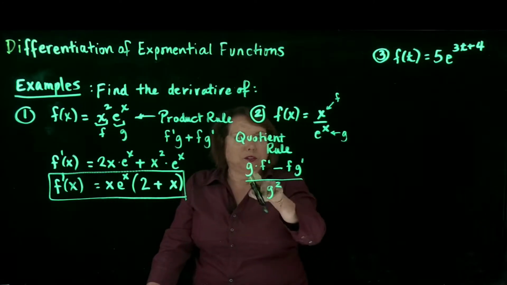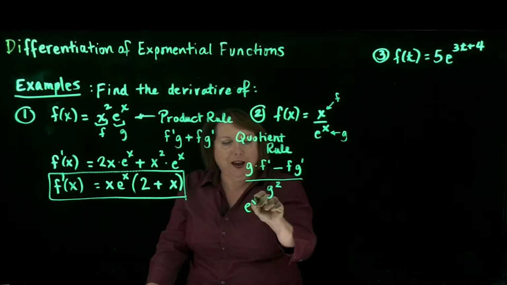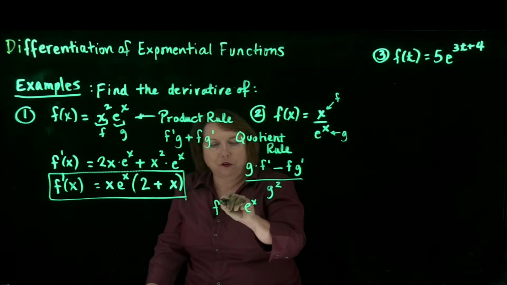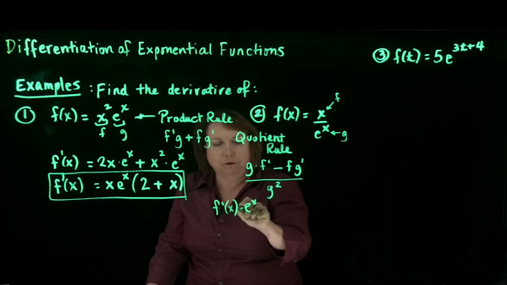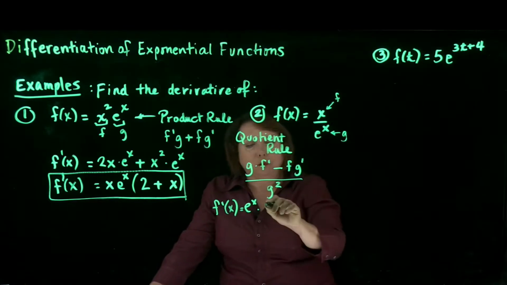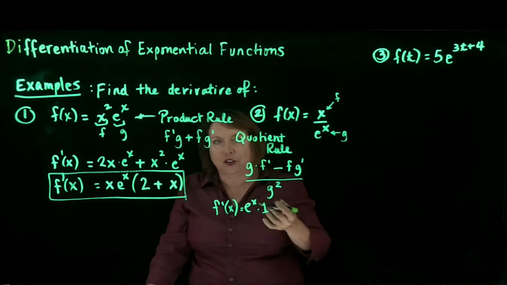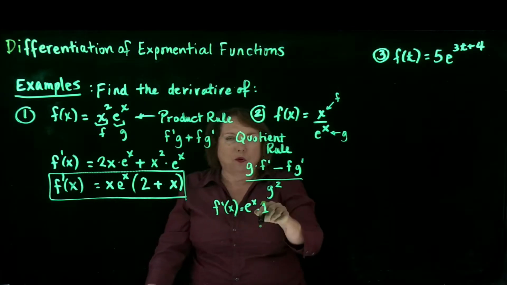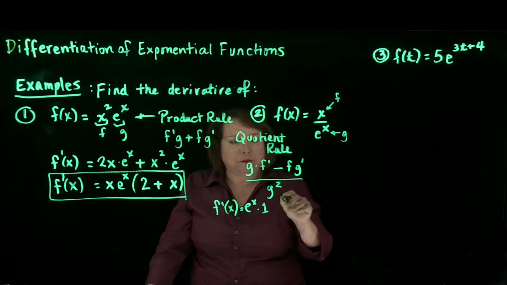So we'll take g, which is e to the x, and this is going to be our derivative of the function, f prime of x, is e to the x times the derivative of x, which is 1. I'll put it in there just to show my work, but I won't need it in my final answer.